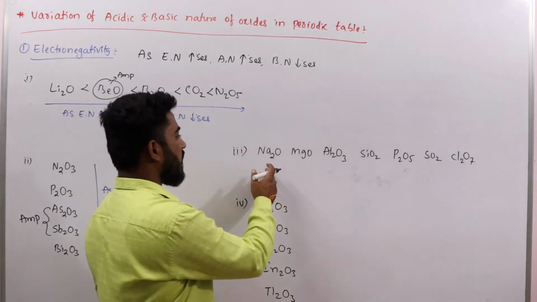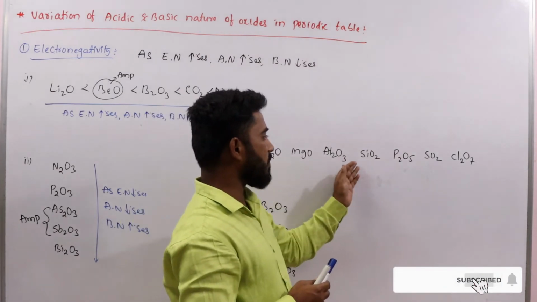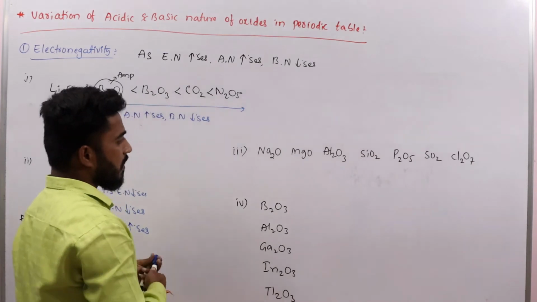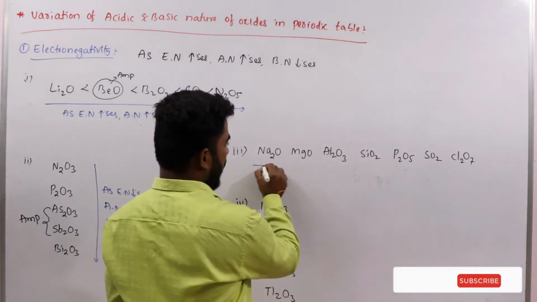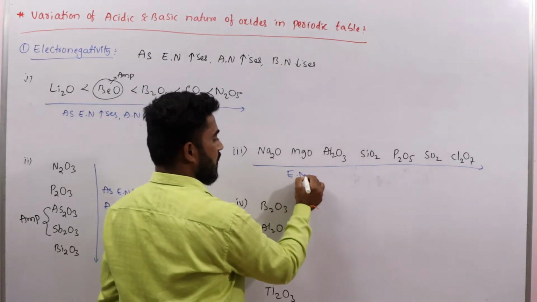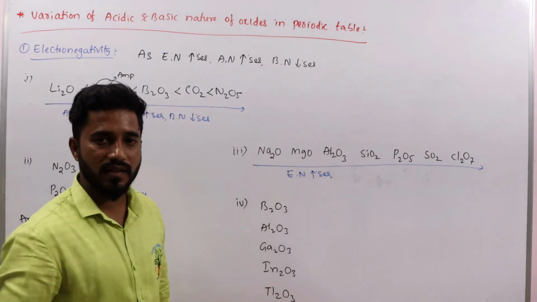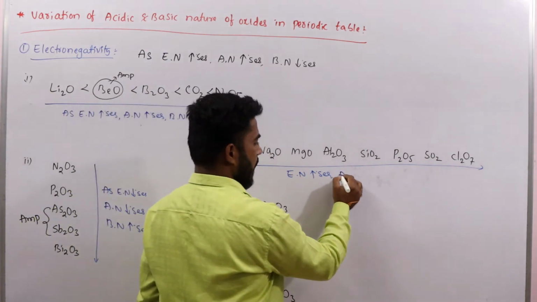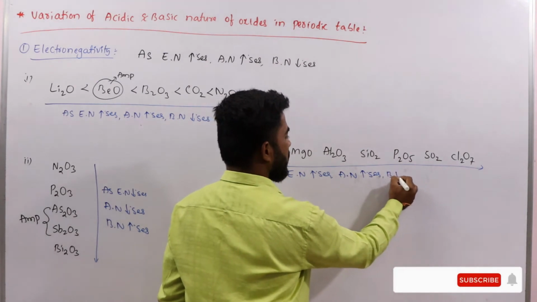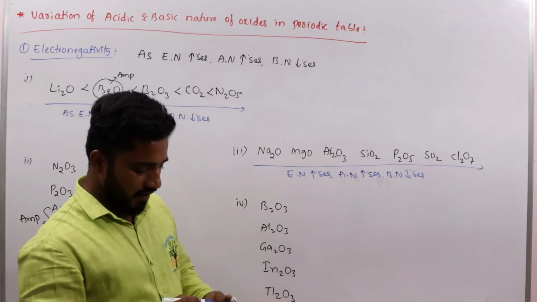Next, take this one period-wise: sodium, magnesium, aluminium, silicon, phosphorus, sulfur and chlorine oxides. From left to right in a period, electronegativity increases. When electronegativity increases, acidic nature increases and basic nature decreases.